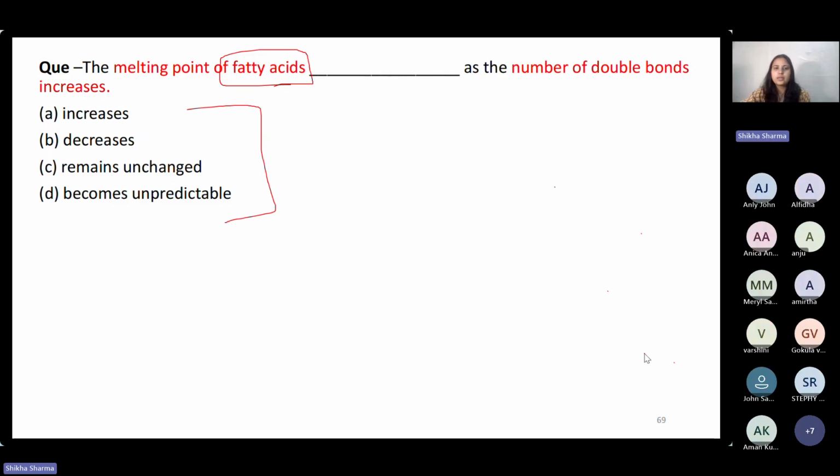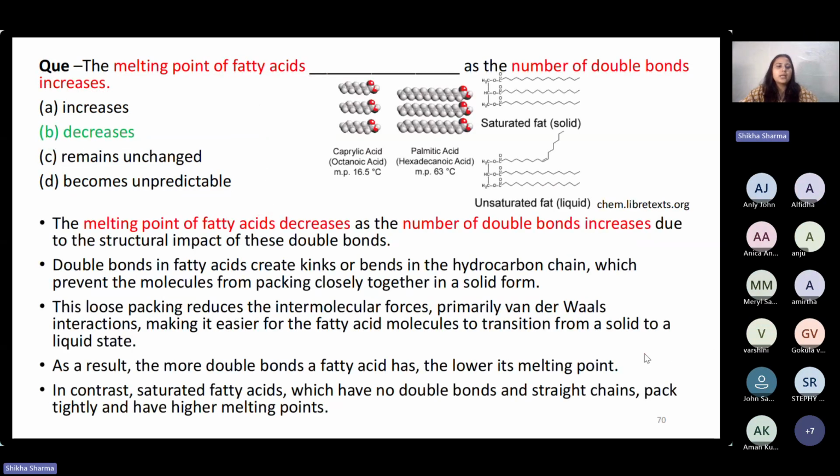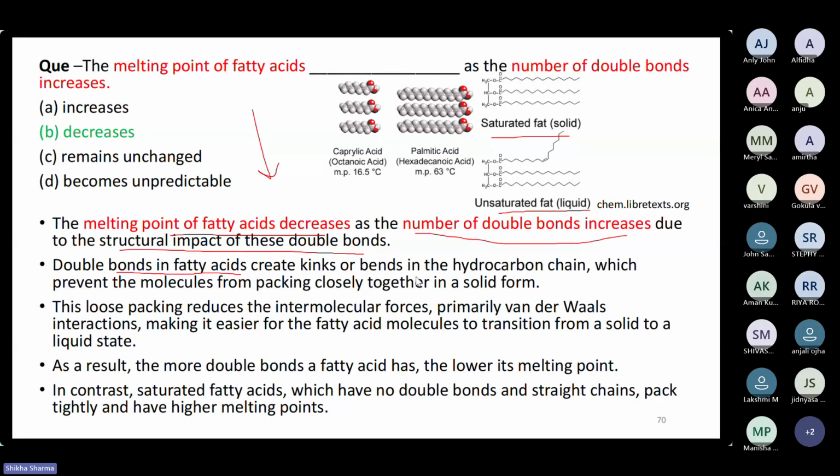Let's see what is the correct answer. So B, you guys are correct. What is happening when we increase the number of double bonds? The melting point of fatty acids decreases due to the structural impact of these double bonds. The double bonds in fatty acids create kinks or bends in the hydrocarbon chain, which prevents the molecules from packing closely together in a solid form.